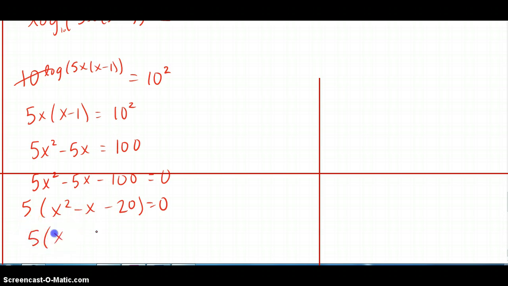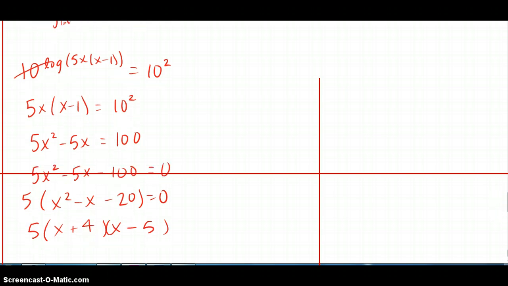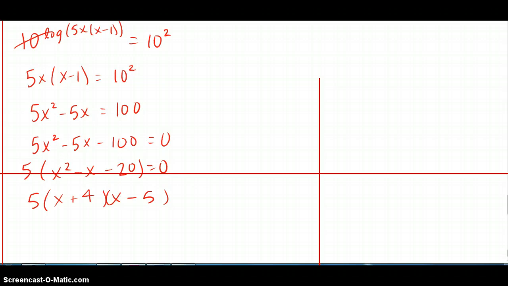And that's going to be 5 and 4. And this negative means that one of your signs is negative, one is positive. And since the middle term is negative, the 5 should go with the minus sign. So your two possible solutions are x equals -4 or x equals 5.